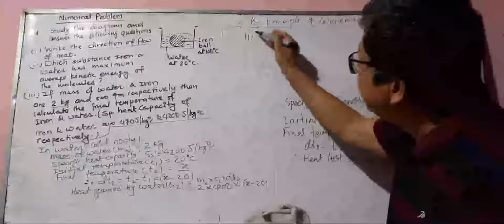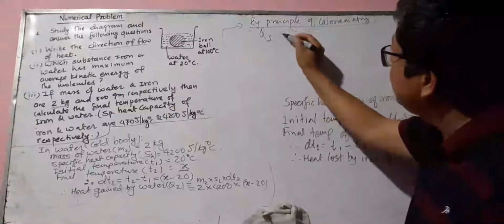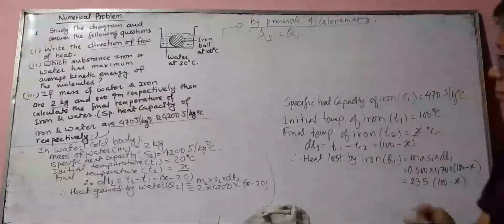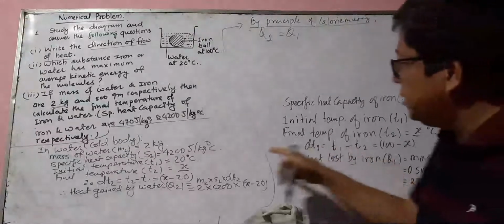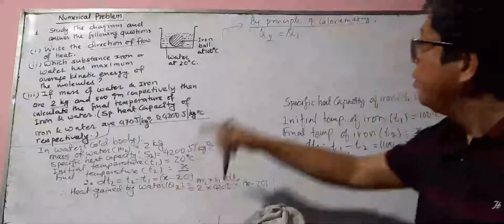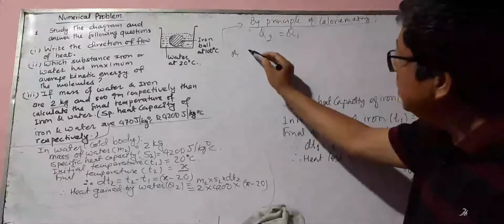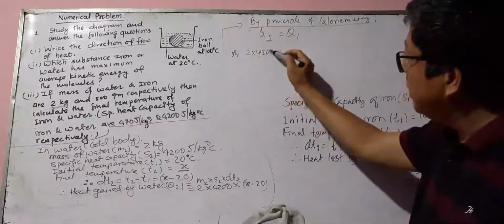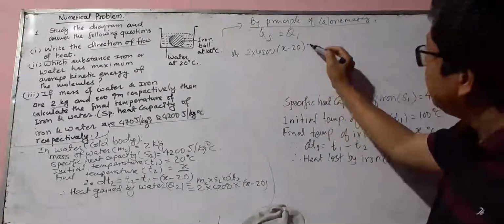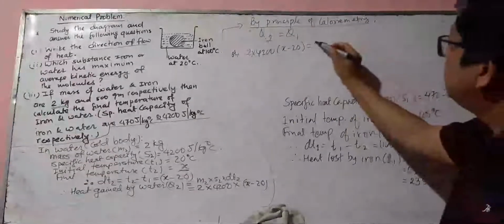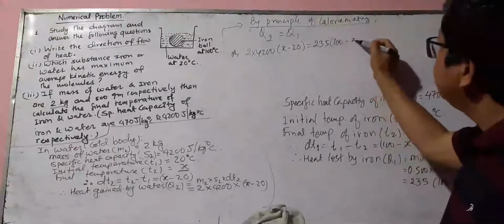You can write directly Q2 equals Q1. Heat lost by iron is equal to heat gained by water. So 2 into 4200 times X minus 20 equals 235 times 100 minus X.